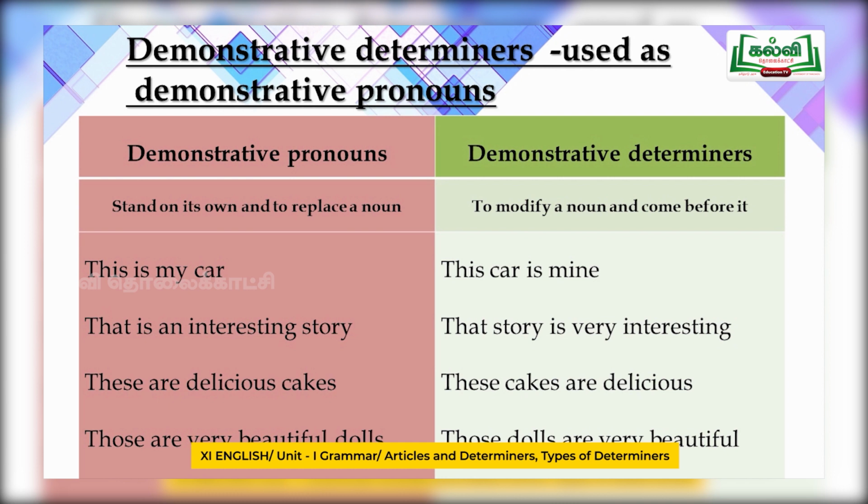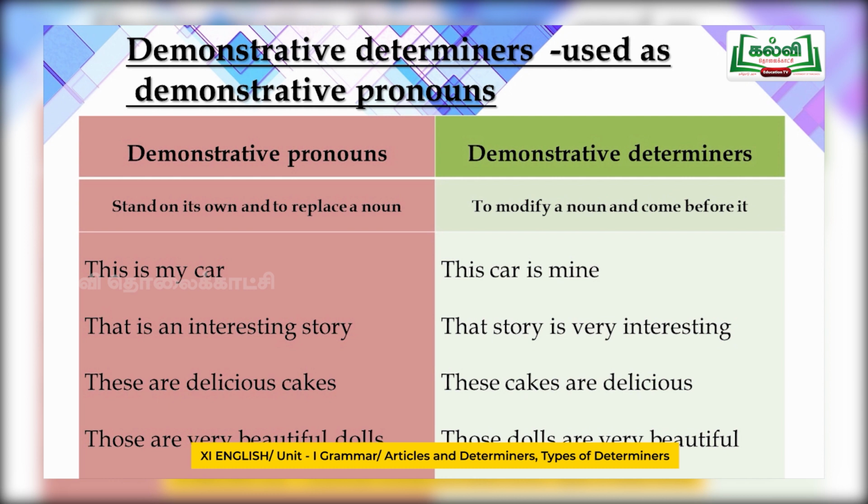Demonstrative determiners modify a noun and come before it. Example, that is an interesting story. Here, the word that refers to the story. But here, that story is very interesting. See the table carefully. That is an interesting story. That story is very interesting.